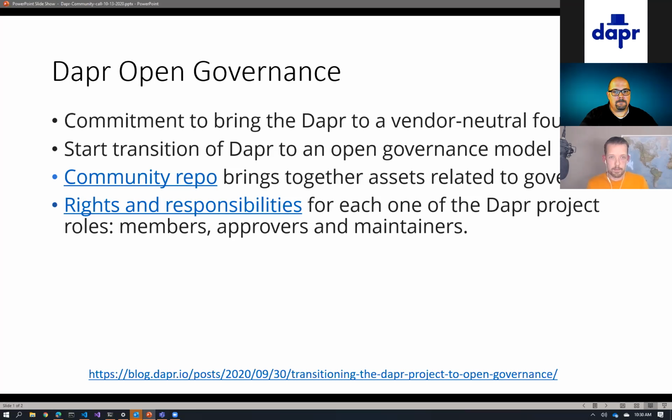So what we did is effectively create a community repo, to bring together all the assets for how we describe what the roles and responsibilities are. And this is the first stage in describing what you can do as a contributor to become involved with Dapr as a project.